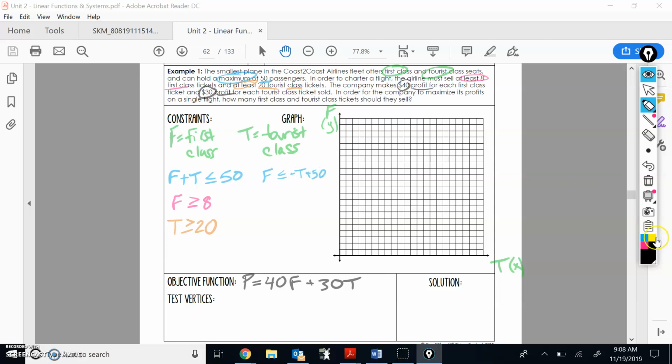First, I'm going to scale my graph. Let's maybe go up by 4s. It's going to be tough to fit this in, so maybe I erase it and skip a few before I keep writing it. I'm going to pause the video and do that.